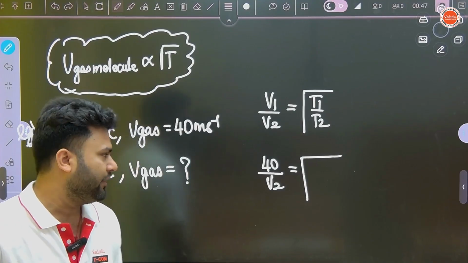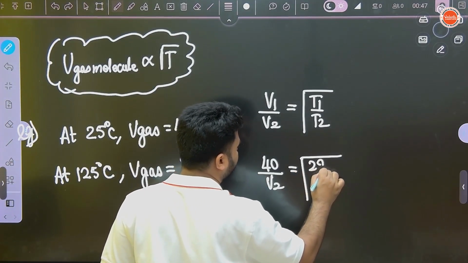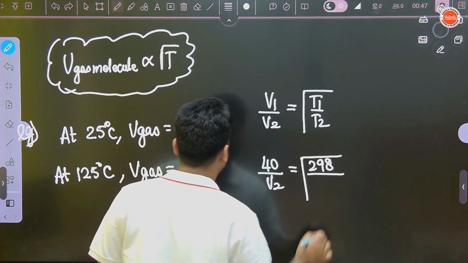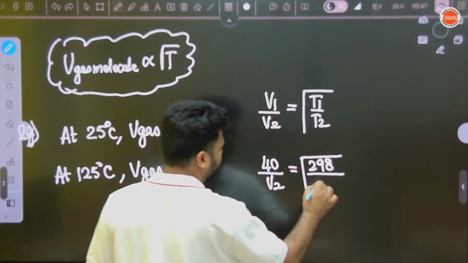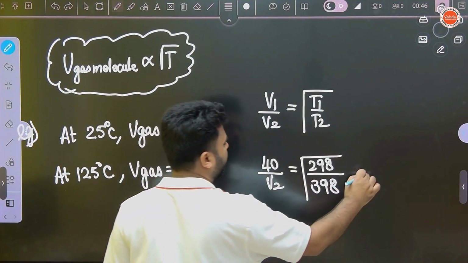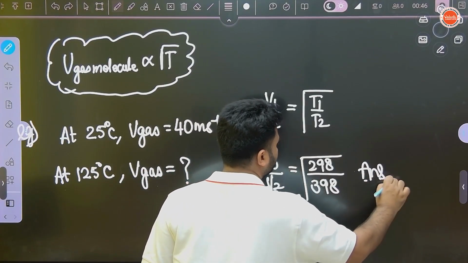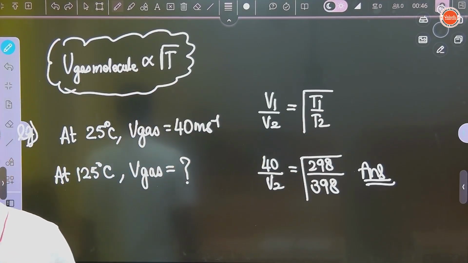Convert in Kelvin. So 273 plus 25, 298, divided by its temperature 125, convert in Kelvin, 398. From here you can find V2. Correct.